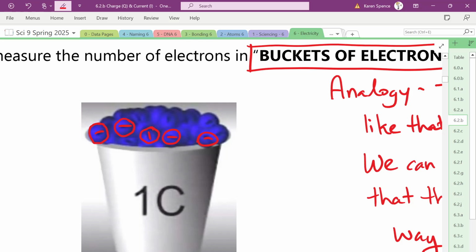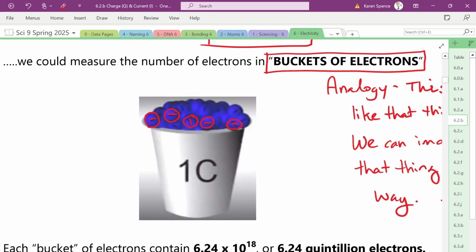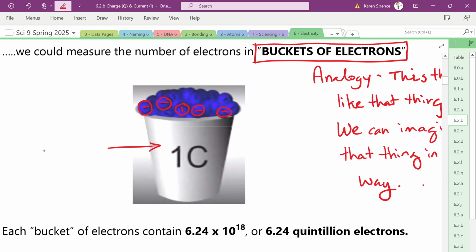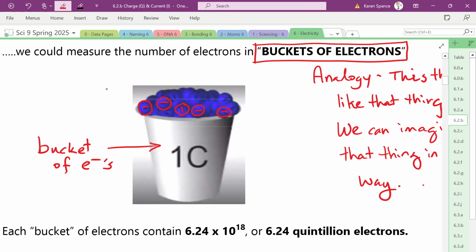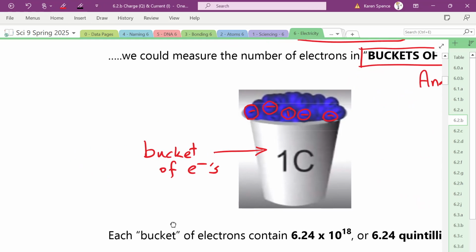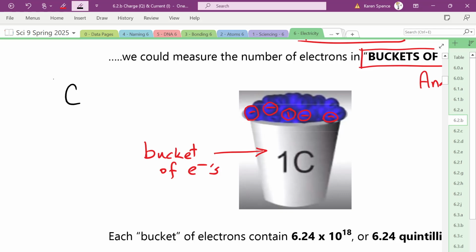And this bucket of electrons has a label on it, and that label is 1C. C is the unit of charge.